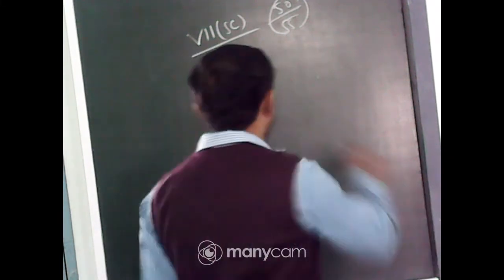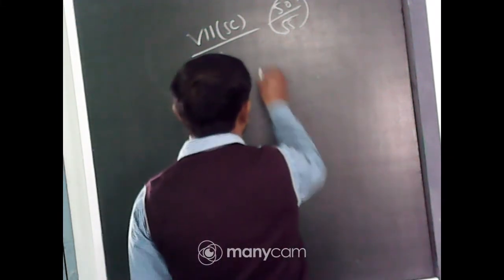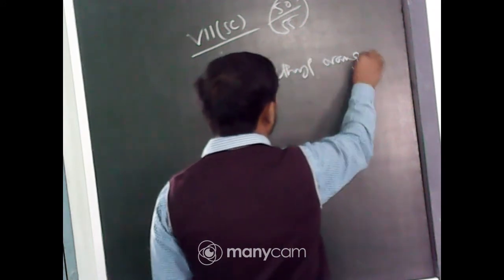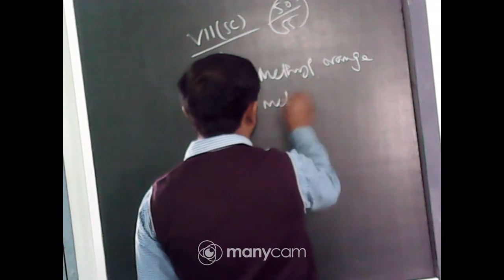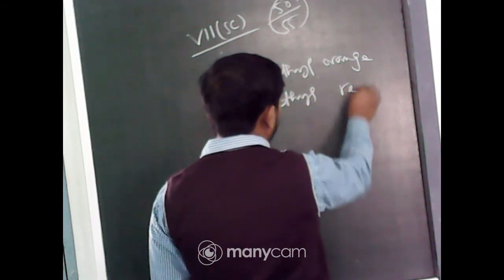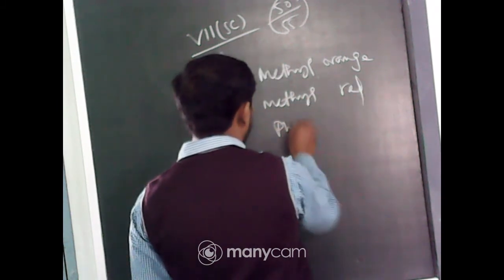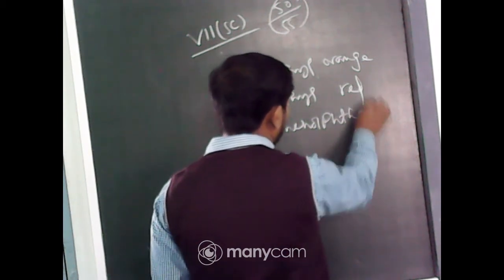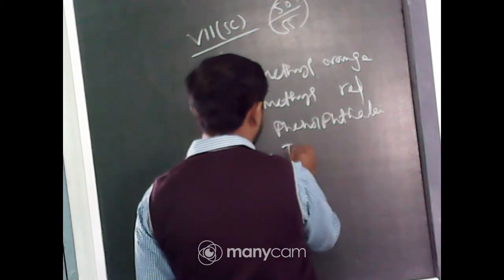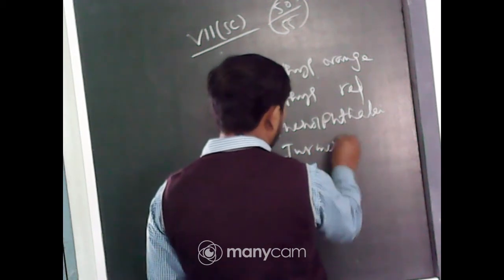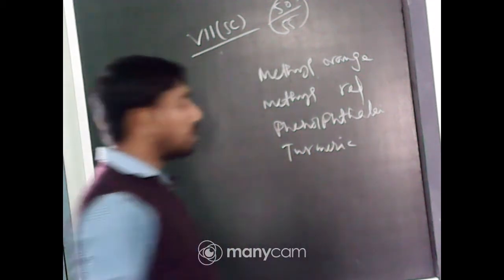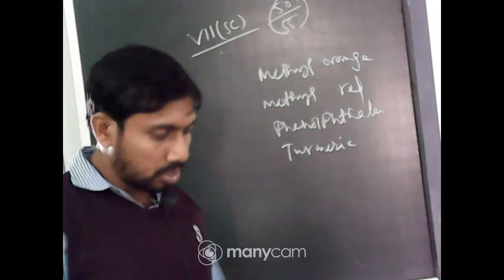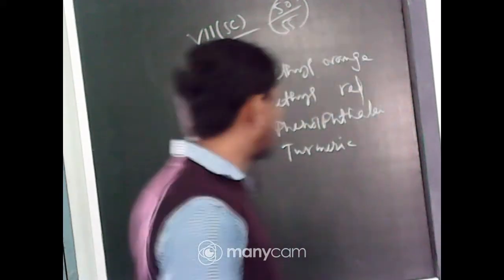The examples are methyl orange, methyl red, phenolphthalein, I just wrote on the board, and turmeric. So, obviously, turmeric will be the correct one. Everyone knows this, because turmeric is the natural indicator.